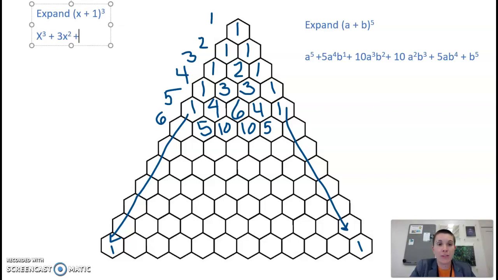Next, we'll have 3 times x to the 1st times 1 squared, which again is just going to be 1, so we don't have to write that, and we don't even have to write that x to the 1st. And then our final term is going to be 1 times 1 to the 3rd, which is the same as just 1. So this is how we would expand x plus 1 cubed using Pascal's triangle.